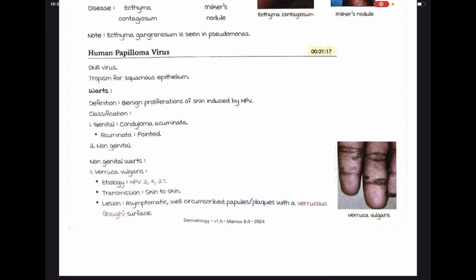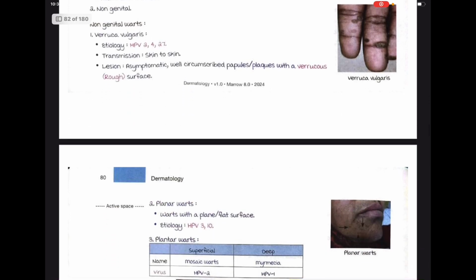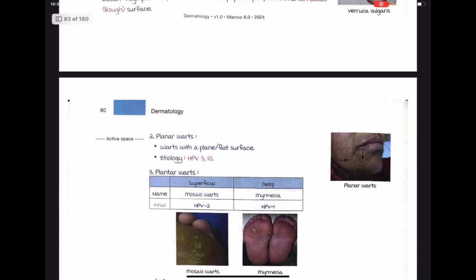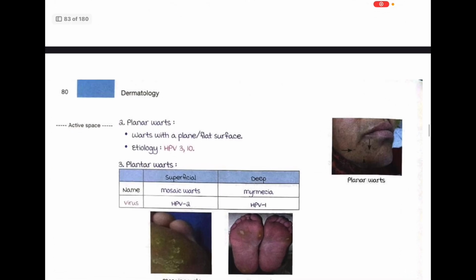Classification: genital, condyloma acuminata, pointed; non-genital warts, verruca vulgaris. Etiology: HPV 2, 4, 27, transmission skin to skin, lesion asymptomatic, well circumscribed papules, plaques with verrucous rough surface. It's a very ugly looking kind of lesion, and you just have to do cryotherapy. Keep doing cryotherapy until it's gone.